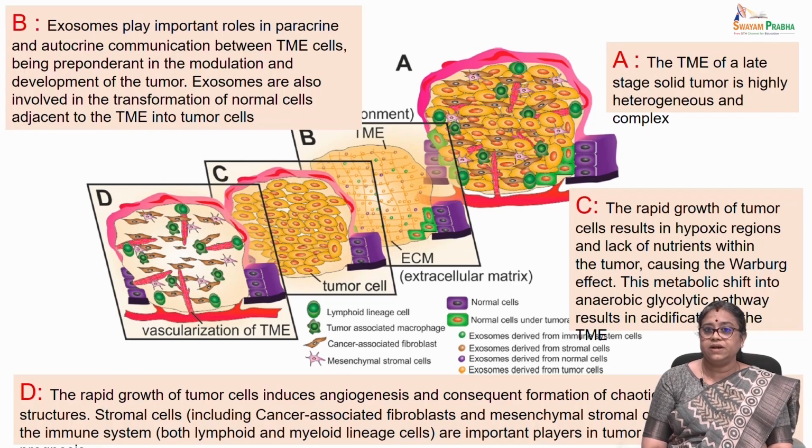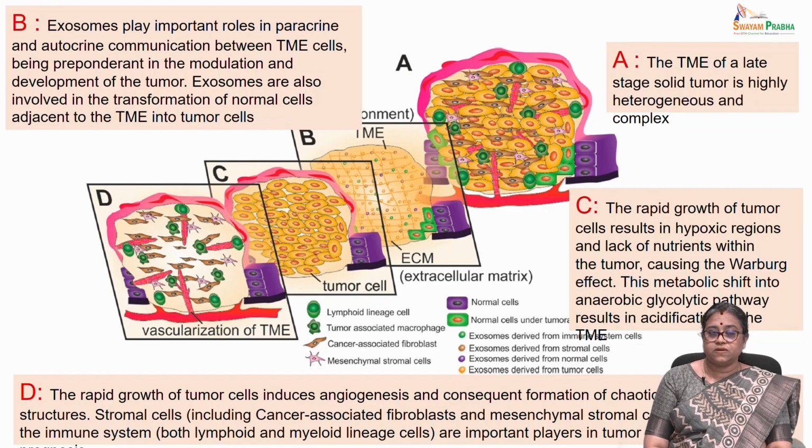You have several different types of cells present in this tumor microenvironment. You have the normal cells and the tumor cells, and the atmosphere is highly heterogeneous, and it leads to the formation of desmoplasia.